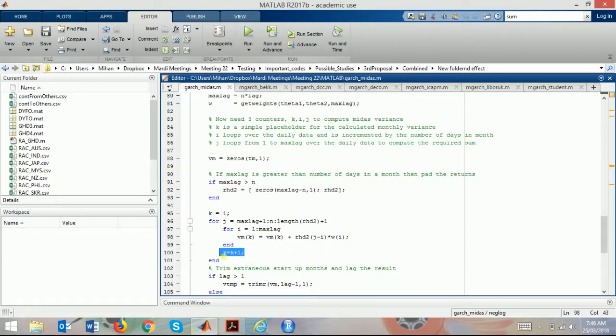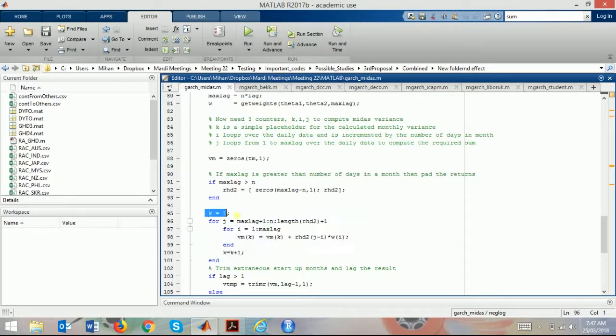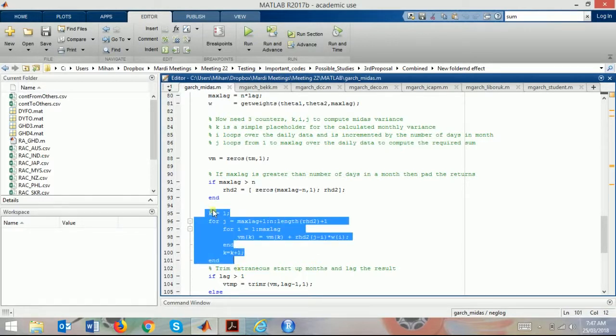So counter k will go on to k plus 1, otherwise the counter will not execute and it ends here. It's another example of how you can use a for loop in place of a while loop. It looks like a while loop, but you can do it with a for loop too.